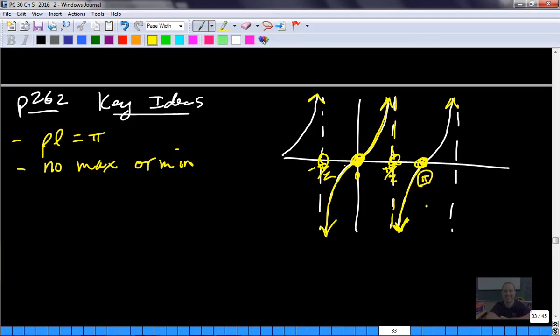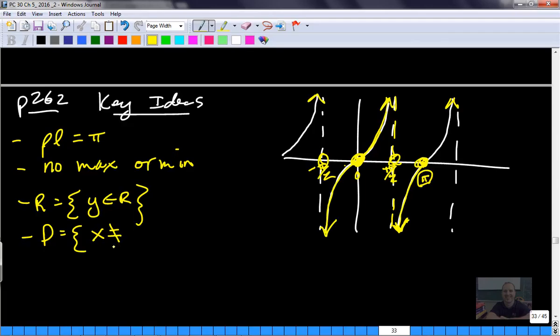The range is all real numbers. So there are no limits to the range as well. It can be any y values. But the domain is restricted. So the domain, you can write like this. So x is everything but pi over 2.